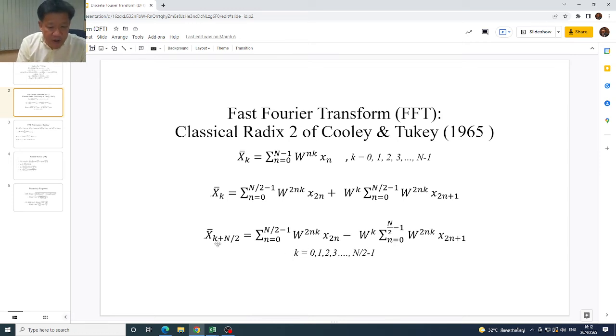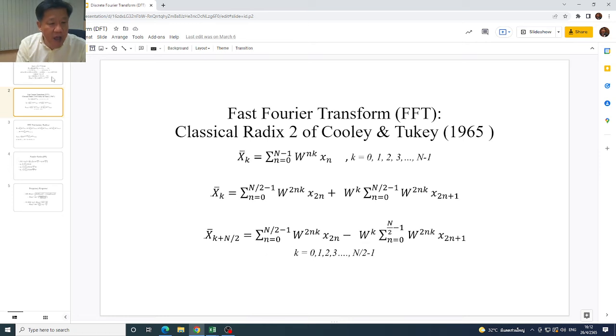Vice versa, when you apply this to the second term, within this summation of w to the 2nk, you get the same even if k changes to k plus N divided by 2. But look at the common multiplication term here, w to the k. When you substitute k by k plus N divided by 2, you get w to the k times w to the N divided by 2.